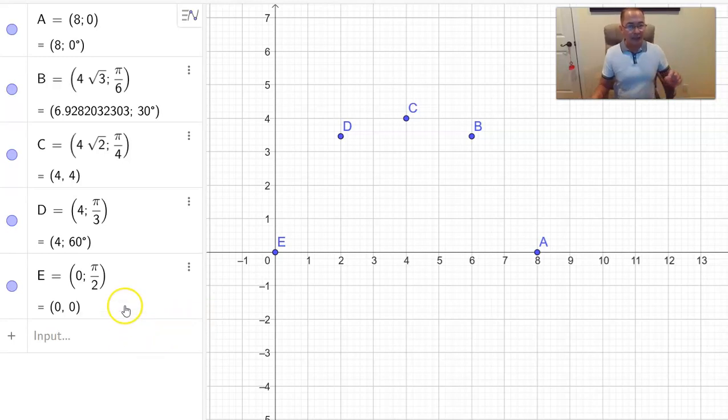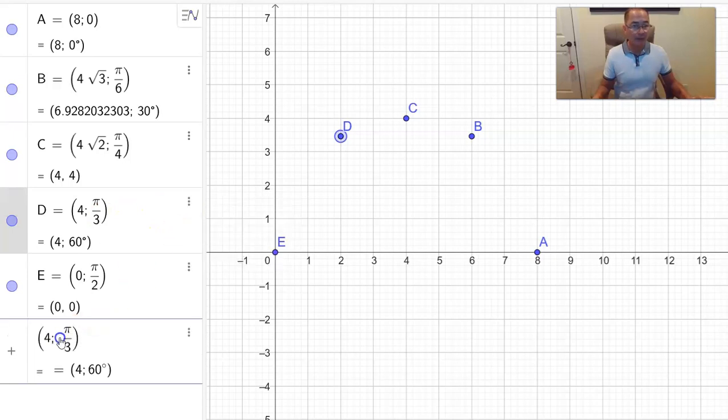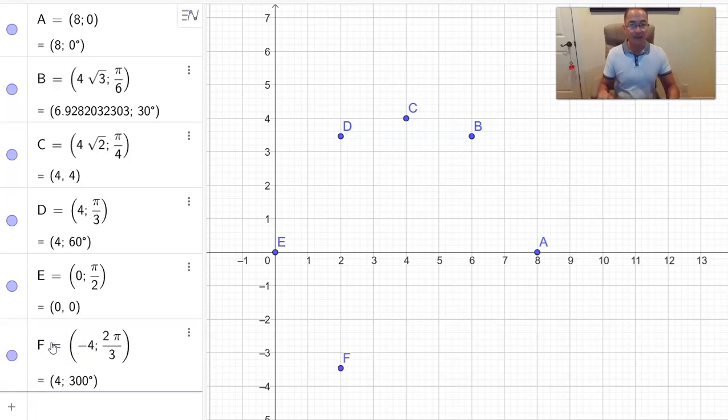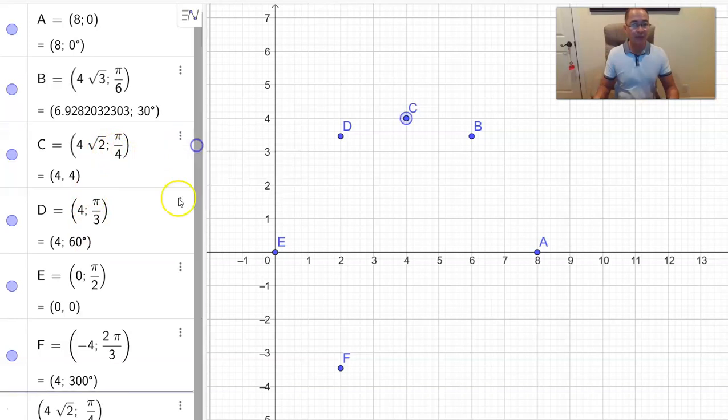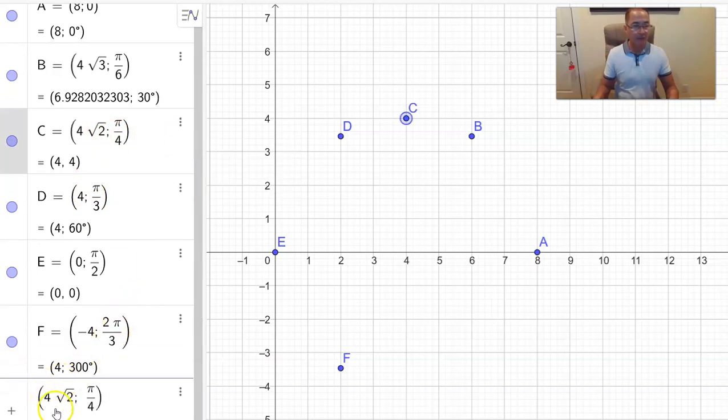Our next point is negative 4, 2 pi over 3. So I'm going to duplicate this, and we're going to have negative 4 and 2 pi over 3. Okay, so there is point F. And then we have negative 4 root 2, 3 pi over 4.